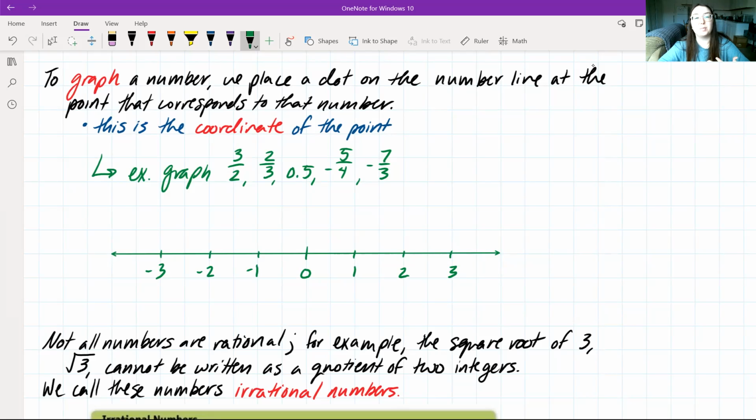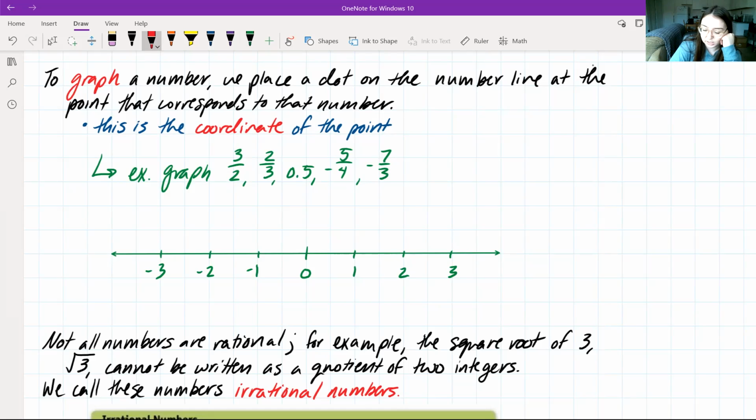All right, so we've now put numbers on our number line. So now that we have numbers on our number line, we want to graph the numbers that were given to us. A helpful tip is that since what we have here are a bunch of fractions and a decimal, we can change these all into fractions and mixed numbers.